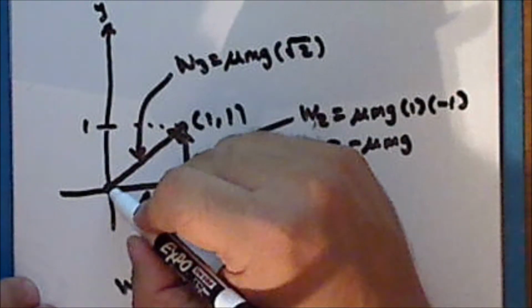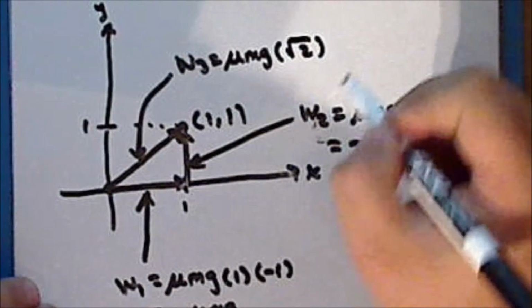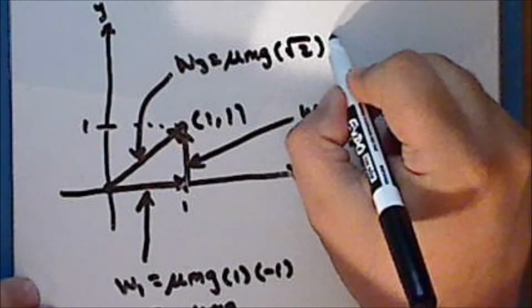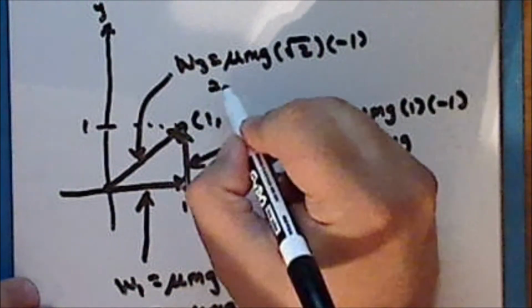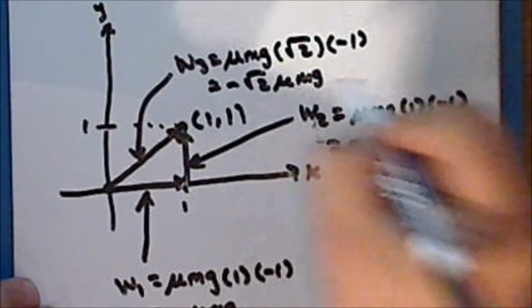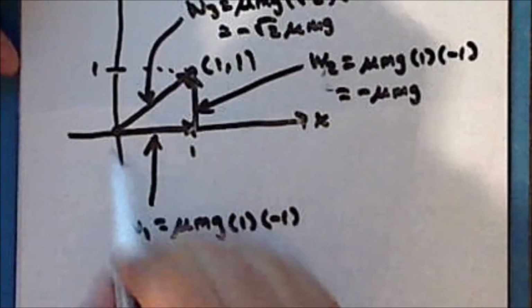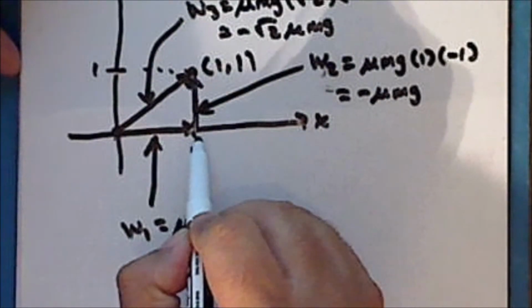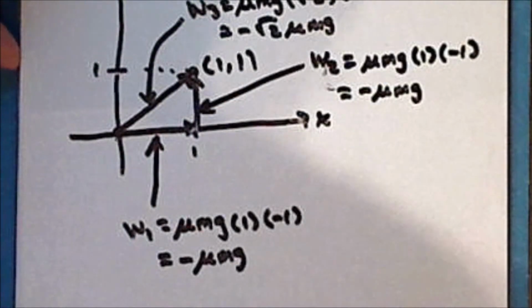Once again, the angle between the displacement vector and the force of friction is 180 degrees. Cosine of 180 degrees is negative 1. And so the work done is negative square root of 2 mu mg. Notice that this is not the same as for the path from the origin to the point (1, 0), followed by motion to the point (1, 1).